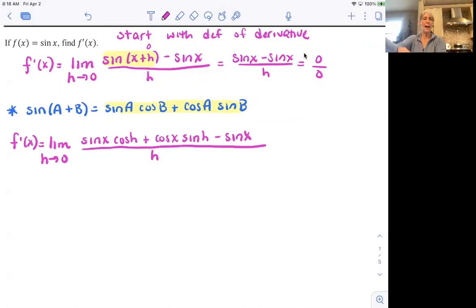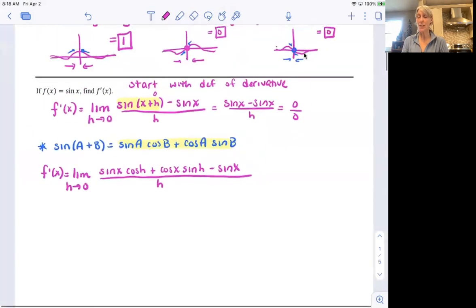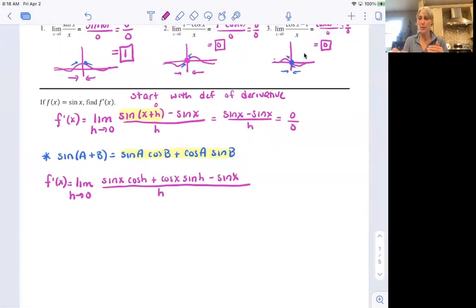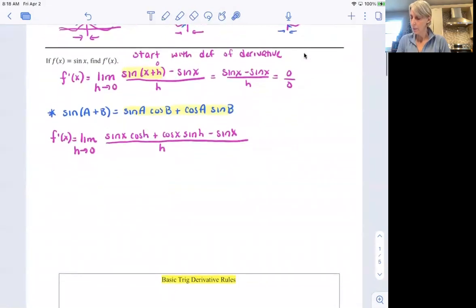So once we have that, what we have to do is kind of rearrange this. And I would never expect anyone to know this. But what we want to do is rearrange the top so we can apply some of these properties. So I'm going to get my sine x's next to each other.